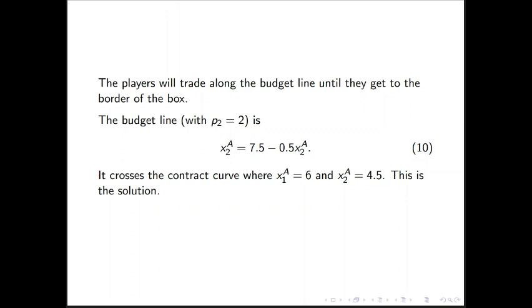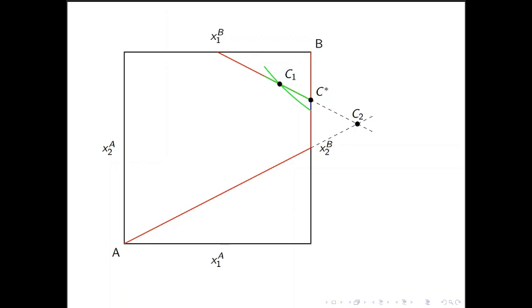Here, I've given you the budget line along which they will trade when the initial allocation is 5-5. It crosses the contract curve at the point 6 and 4.5, which is the solution. And this is what it will look like graphically. Now C1 is the point 5-5. That's where they start.